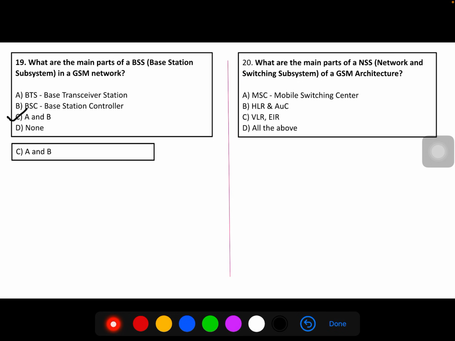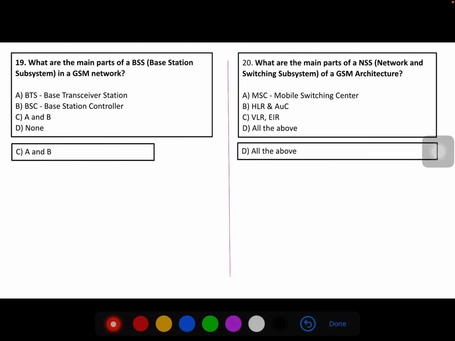Next question. What are the main parts of NSS, that means network and switching subsystem of a GSM architecture? As I told you, in the NSS, MSC along with all the registers is included. So all the options A, B, and C are correct, and hence the option to be chosen is D, all of the above.